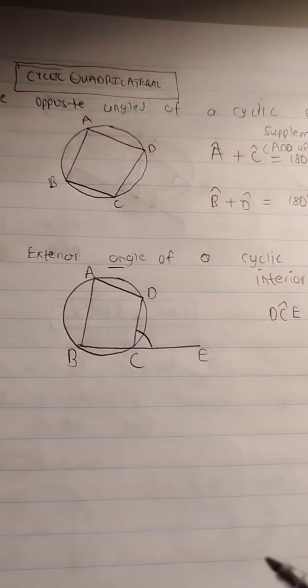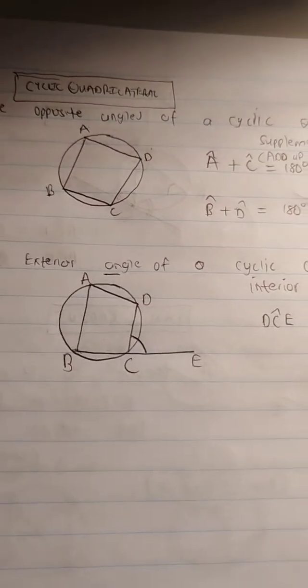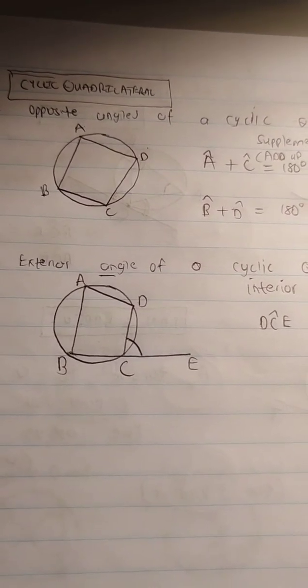Angle DCE is the exterior angle. We can say angle ECD is the exterior angle.